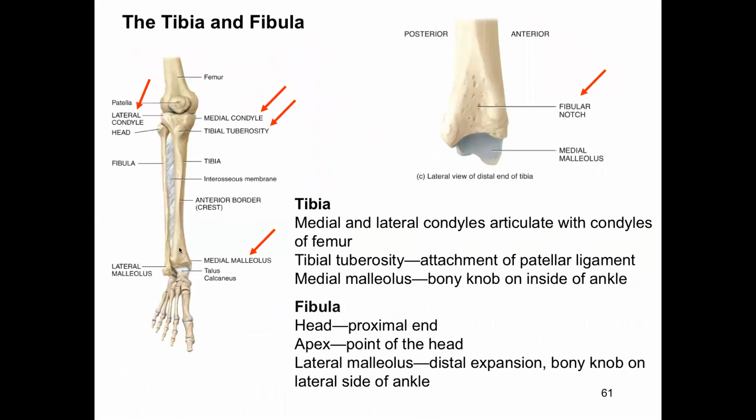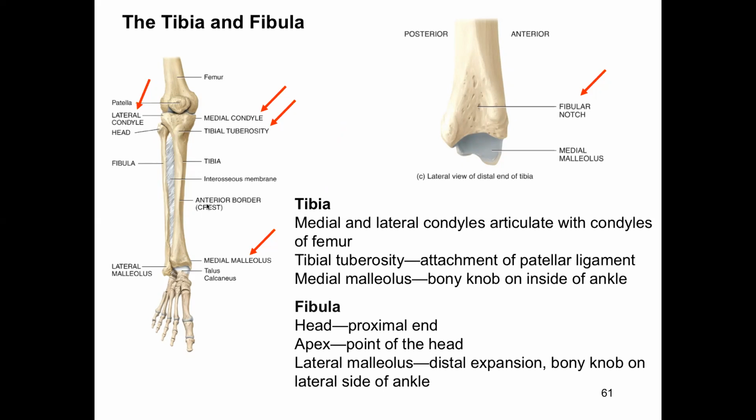Now here you can see another look at that. Now we're going to look at the tibia and the fibula. Here you can see the tibia. This one's easy to do. It's the heaviest bone of the lower leg, and we often say that this is like a T, and you can see that here. You can see it articulating with the femur. Notice that the patella actually just articulates with the femur, not really with the tibia very much.